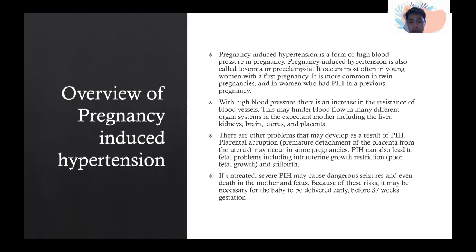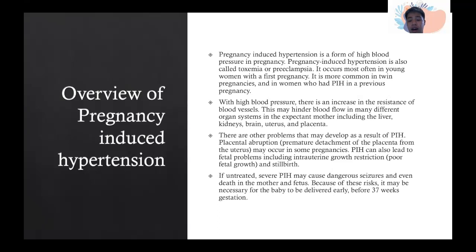Next is with high blood pressure, there is an increase in the resistance of blood vessels. This may hinder blood flow in many different organ systems in the expectant mother, including the liver, kidney, brain, uterus, and placenta. So let's repeat so we can remember the liver, kidneys, brain, uterus, and placenta.